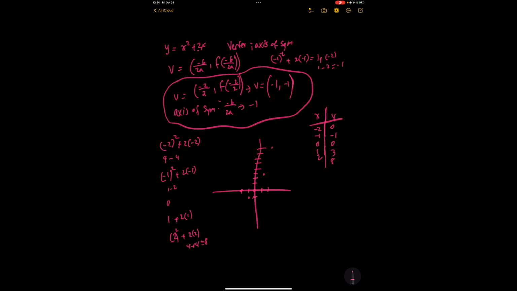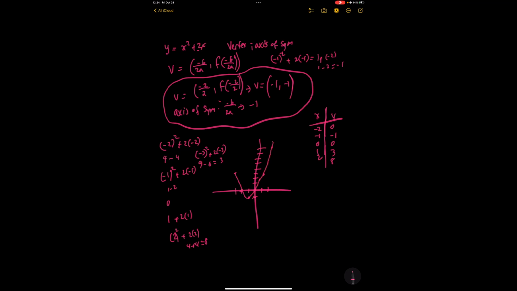Negative 3 would be negative 3 squared plus 2 times negative 3, which is 9 minus 6, which is equal to 3. Okay, so negative 3 is going to be 3. Okay, there we go. That makes more sense.